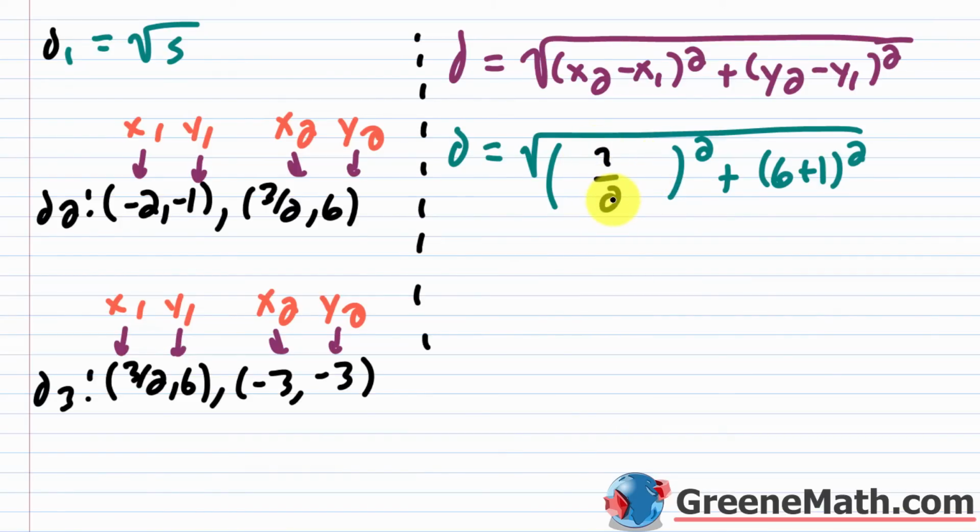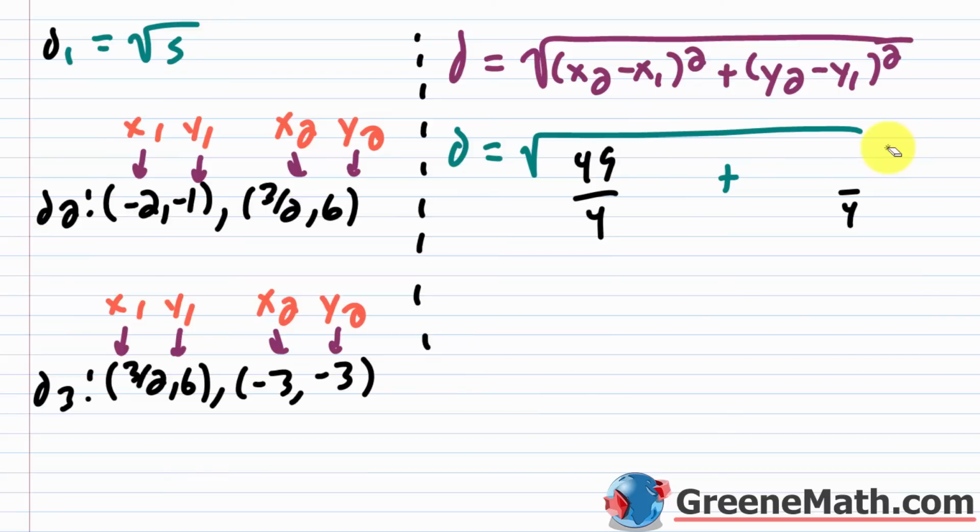So if I square this, I'm going to get 49 fourths. So let's say this is 49 fourths. Okay, over here, this is 6 plus 1, which is 7. 7 squared is 49. So what I would do is actually get a common denominator. So I'd multiply this by 4 over 4. So 49 times 4 is 196. And then 49 plus 196, that would be 245. So this would be 245 over 4.